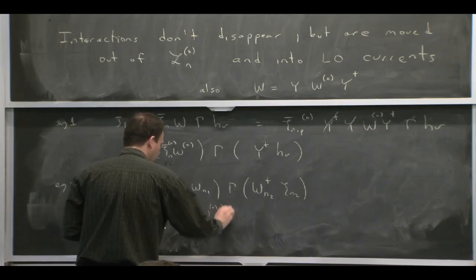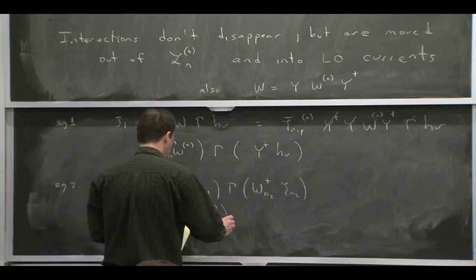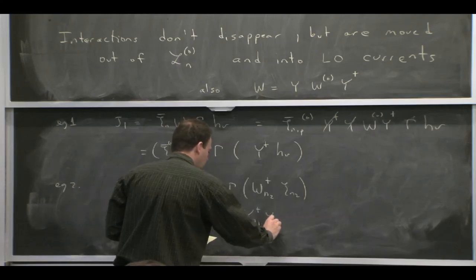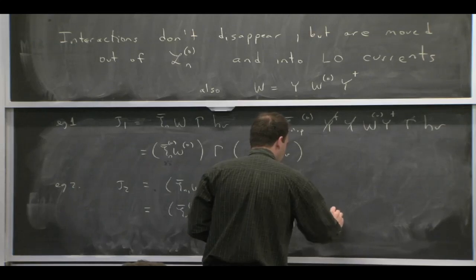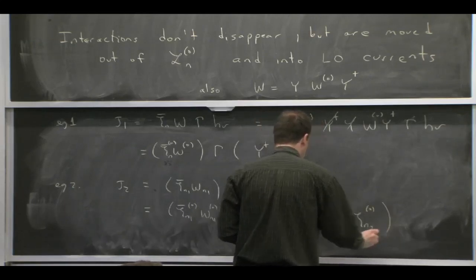So you're making a field redefinition that's appropriate to each of the different collinear sectors. But other than that, it goes through the same way.